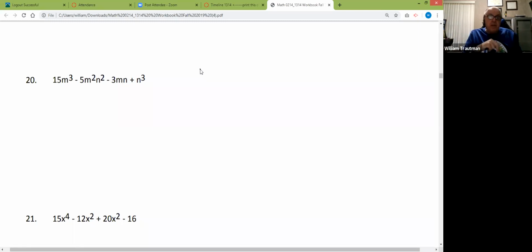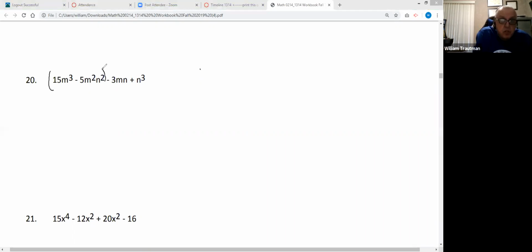So number 20, put a parenthesis around the first 2 terms. Put a parenthesis around the second 2 terms. Make sure there's a plus sign between it. Since the third term is negative, I have to put it in the parentheses. So I'm going to rewrite it so I have it separated. I like to have separation here.